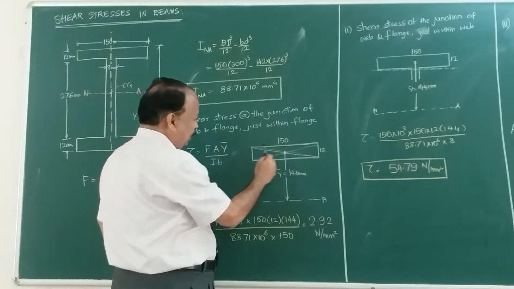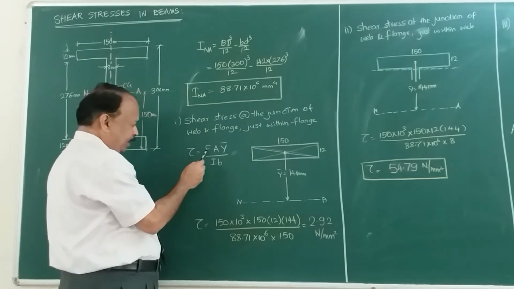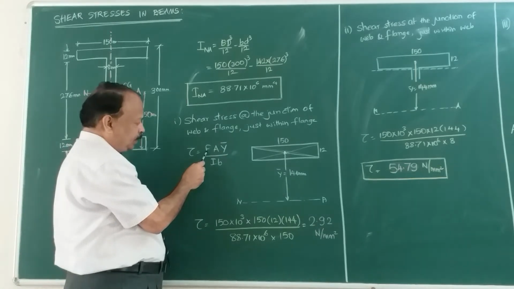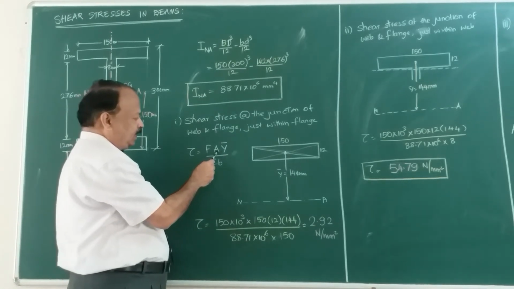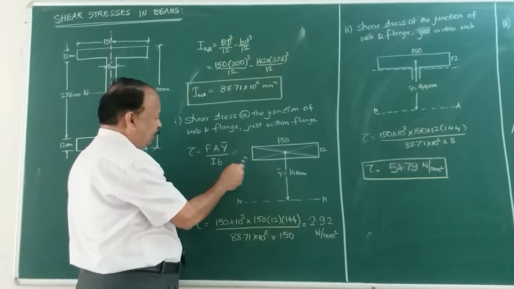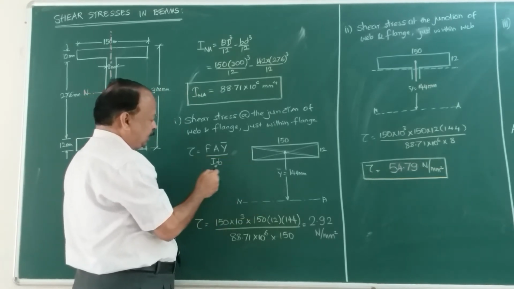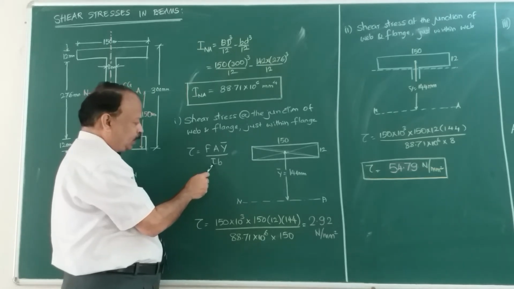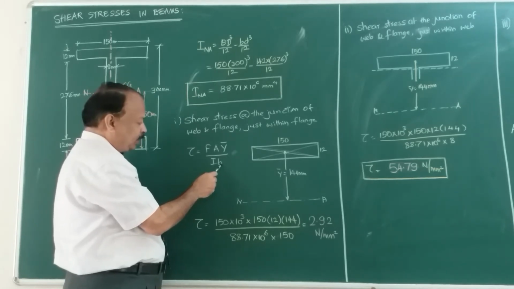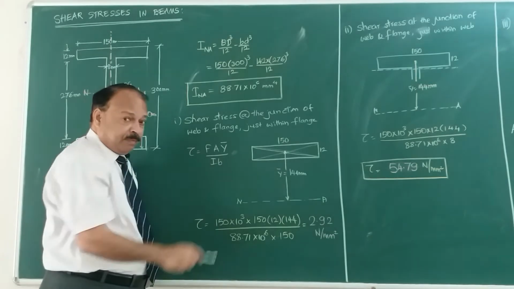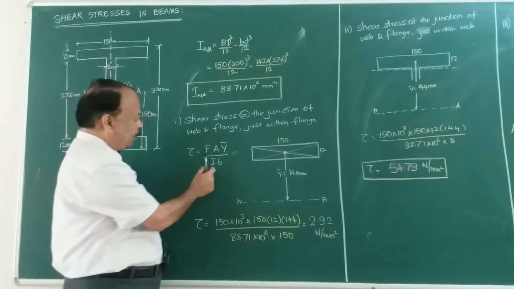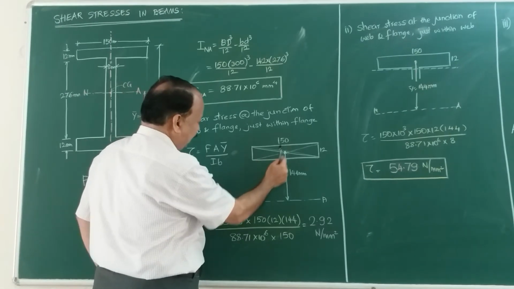Here in the formula, F is shear force, A is the area above our required level, y bar is the distance of that area from neutral axis, I is moment of inertia of the whole section, and B is the width of the flange or width of the beam at the level we are considering.